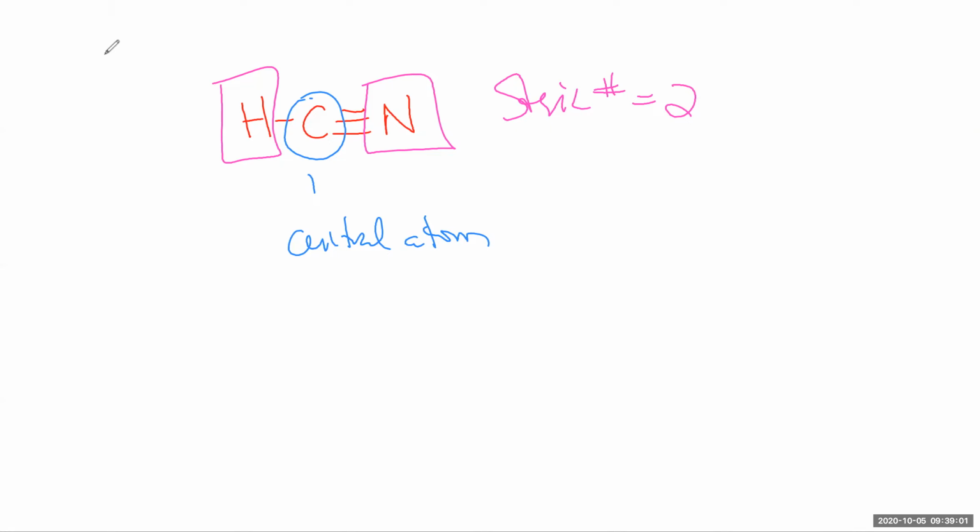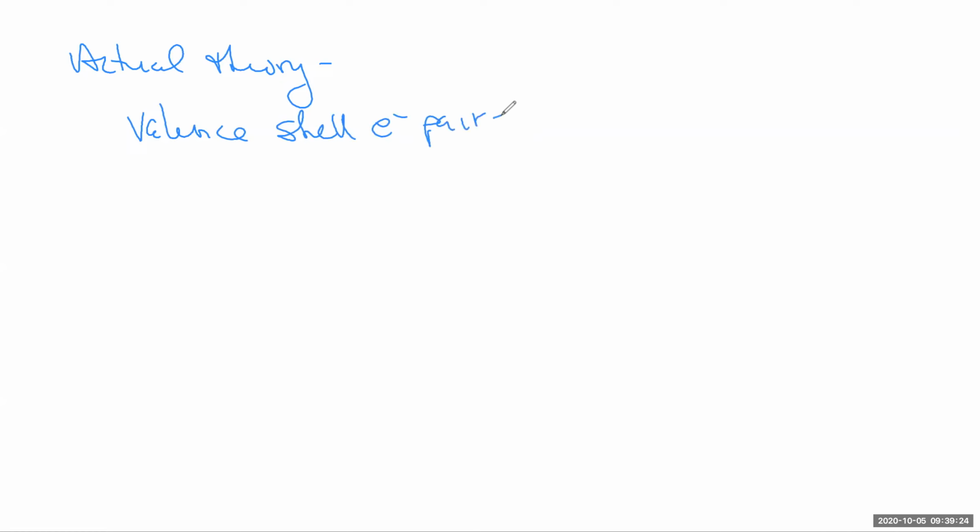Now, what does the theory say? The actual theory states that valence shell electron pairs will repel one another. And so if we were looking at something with all single bonds or lone pairs, this is pretty straightforward.